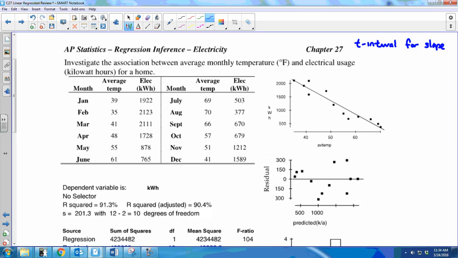Second, if you're doing an interval, you're supposed to check the conditions. So your 4 conditions are, is it linear? And how do you know? The scatter plot of temperature versus electrical usage has a linear form.